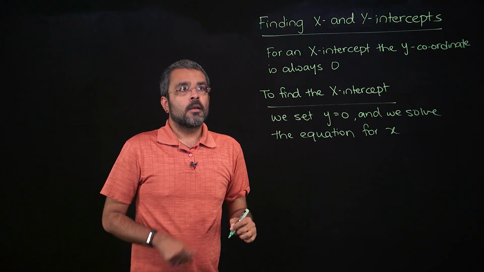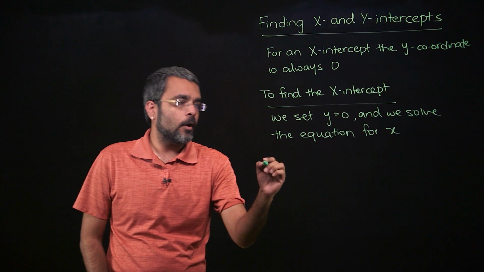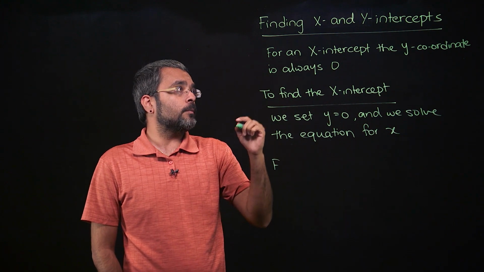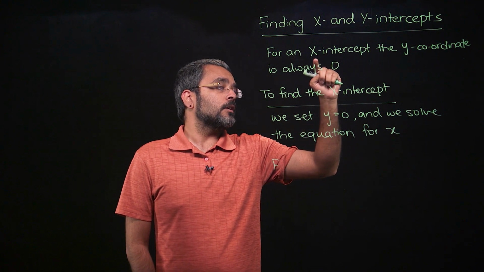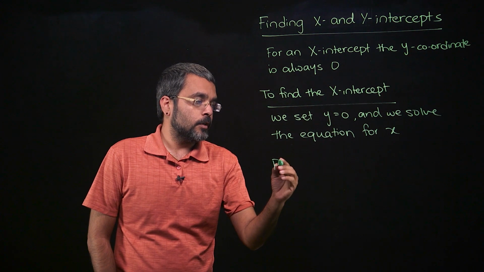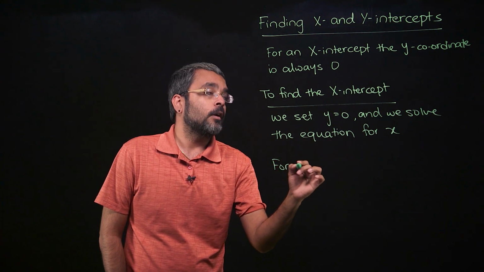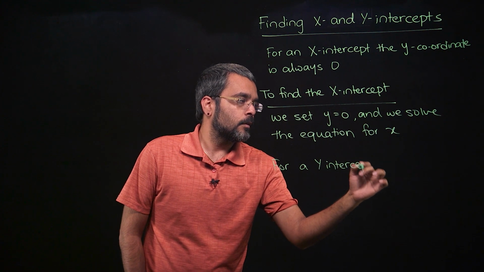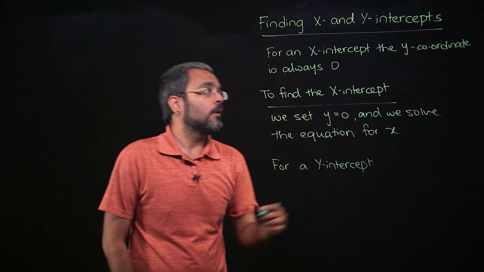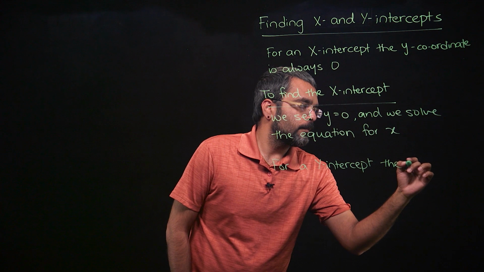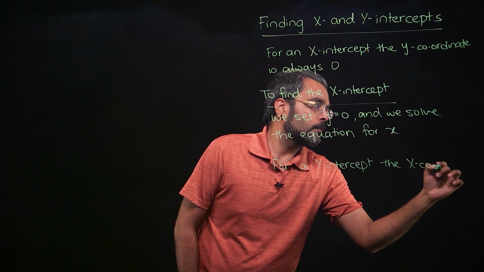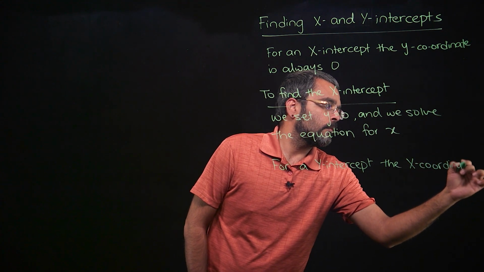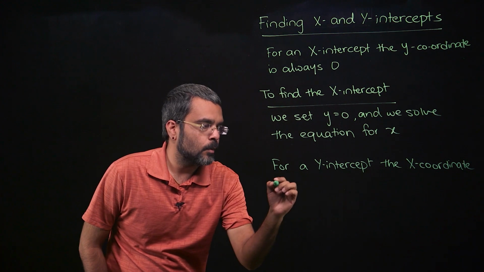All right. So same way for a y-intercept, when we saw in the previous slide, in the y-intercept, the x-coordinate is always 0. So for a y-intercept, the x-coordinate is always 0.